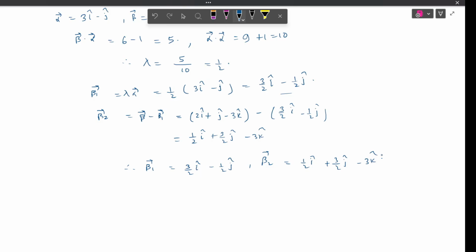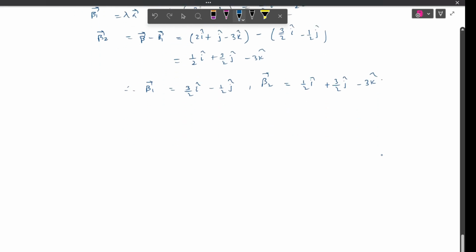Okay, so if you know the basics, you can solve this type of problem very easily. So let's see another question.